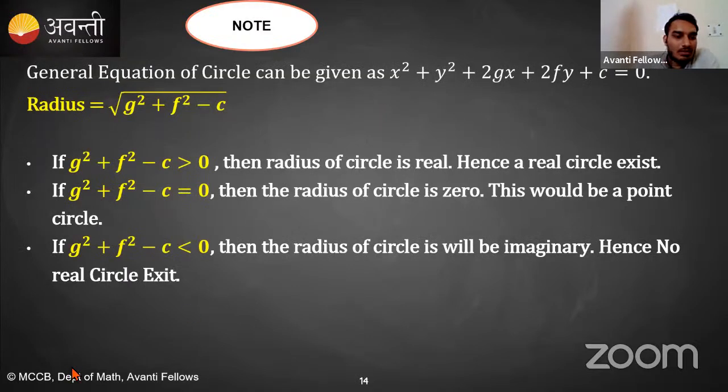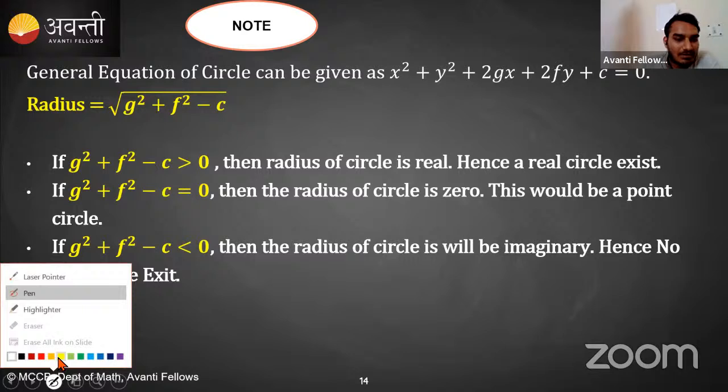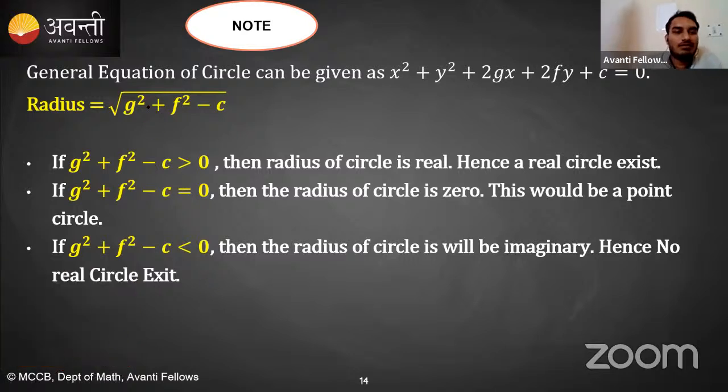Now, one of the things left in the last class was that we can find the radius of a circle just by looking at the equation. The circle is x square plus y square plus 2gx plus 2fy plus c equal to 0. Then the radius is the square root of g square plus f square minus c. One thing worth noticing is that the radius is under a root.